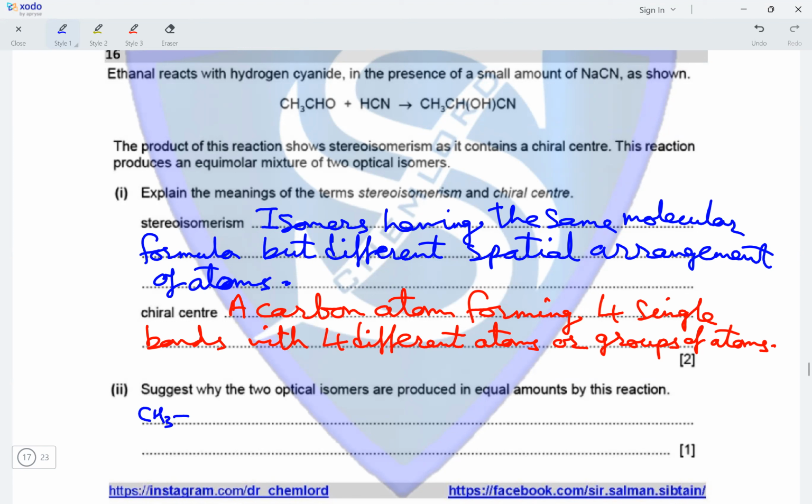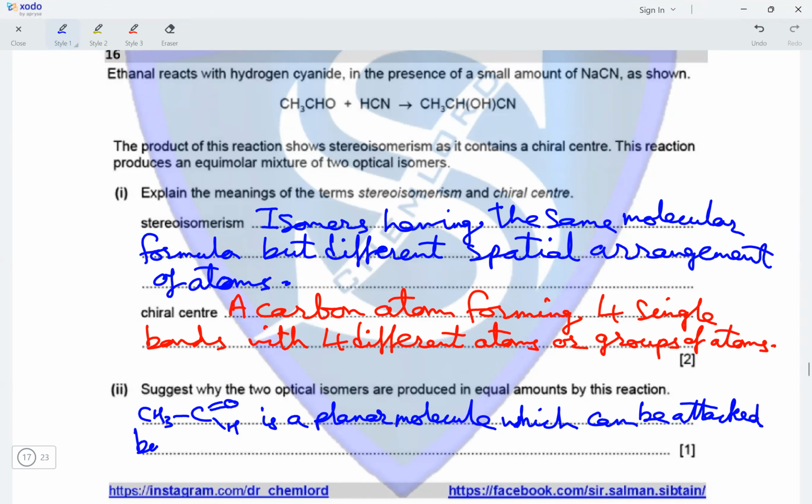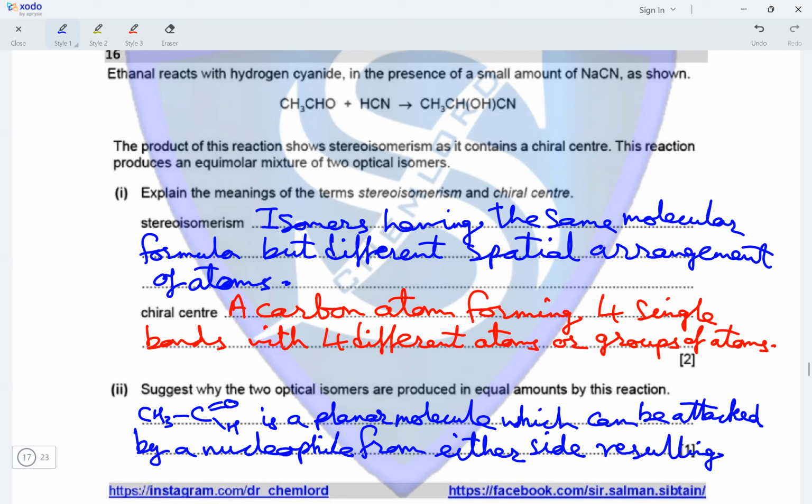So CH3CHO is a planar molecule which can be attacked by a nucleophile from either side, resulting in the formation of both optical isomers.